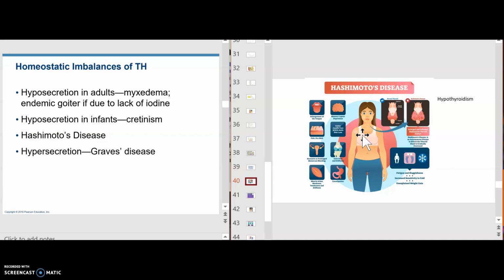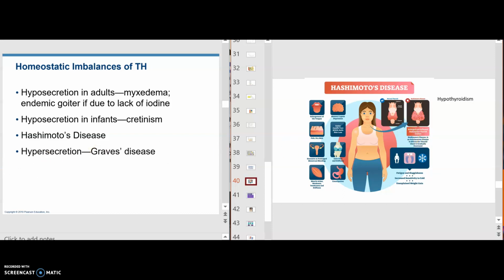So let's go back. In Graves' disease, autoimmune antibodies resemble TSH, causing hyperthyroidism. In Hashimoto's, autoimmune antibodies are produced that attack the thyroid gland, causing hypothyroidism with the various symptoms of hypothyroidism.